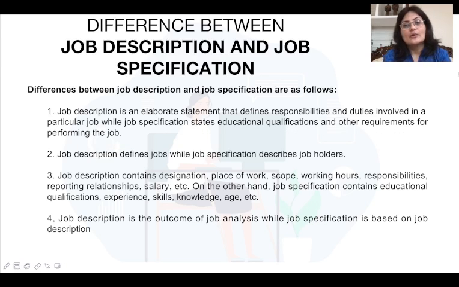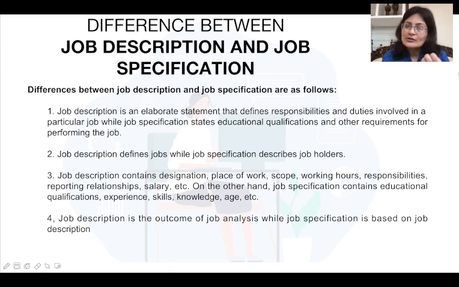Next, the difference between job description and job specification. So there are a few differences, definitely there are. Job description is an elaborate statement that defines responsibilities and duties involved in a particular job, while job specification states educational qualifications and other requirements for performing the job. Second, job description defines jobs, while job specification describes job holders.